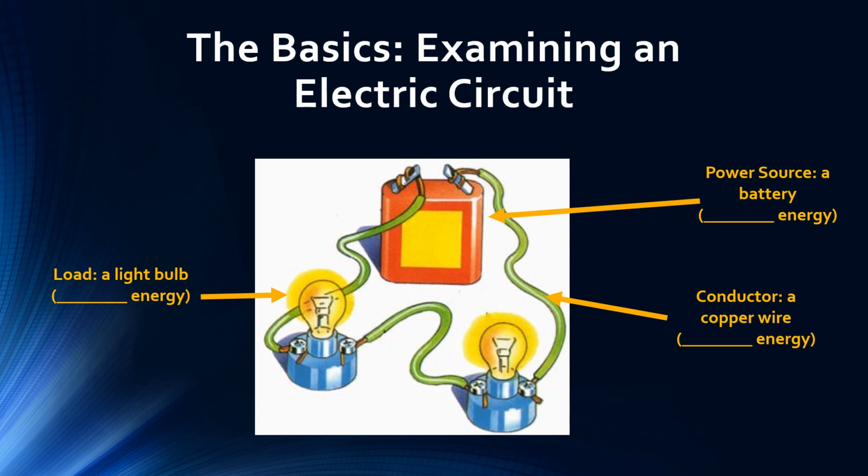A light bulb, in this case, is our load. That's the thing that's being powered by an electric circuit. And this is a great example of radiant light energy. So the three basic parts of an electric circuit are a power source, a conductor, and a load.